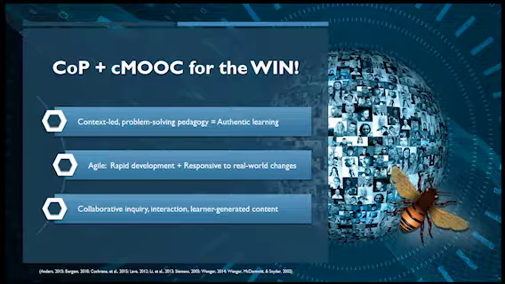So CMOOCs are different than the large MOOCs or extended MOOCs that we're probably all familiar with, the ones offered through providers such as Coursera and edX and others. CMOOCs are premised on connectivism, which is a very different philosophy, and tend to engage fewer learners. They emphasize collaborative inquiry and interaction. They involve problem-based learning.